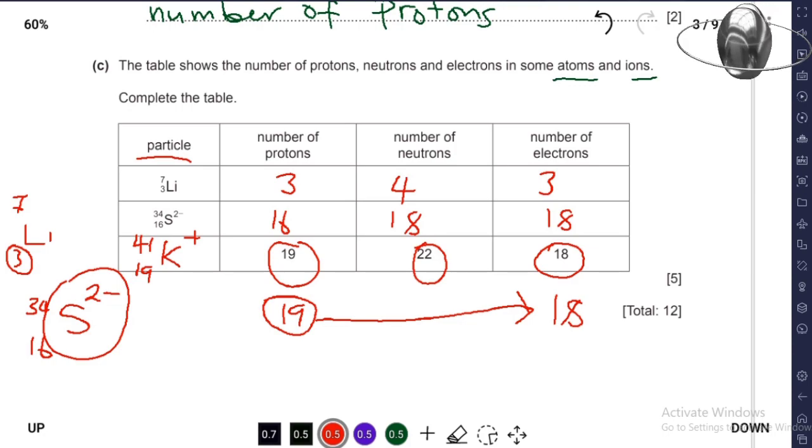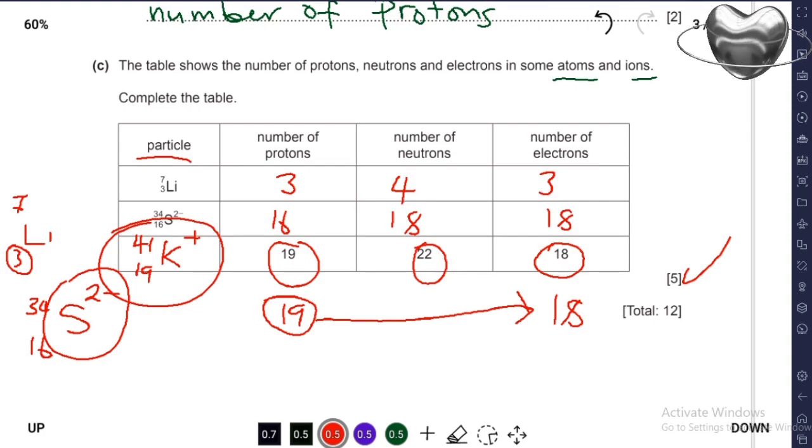We are not going to say we have failed, no. That is very, very important, my dear learners. So we are going to get our 5 marks just like that. Moving forward.